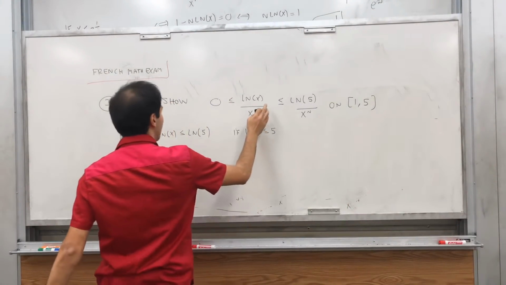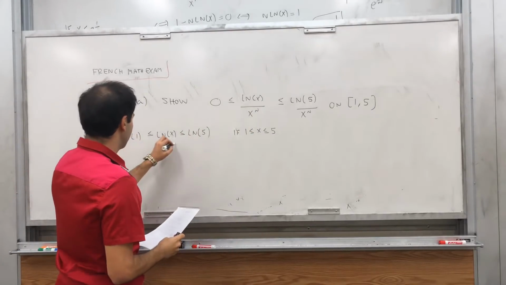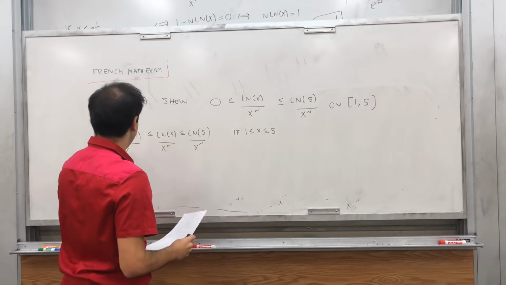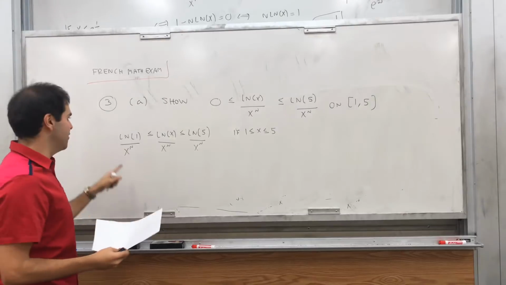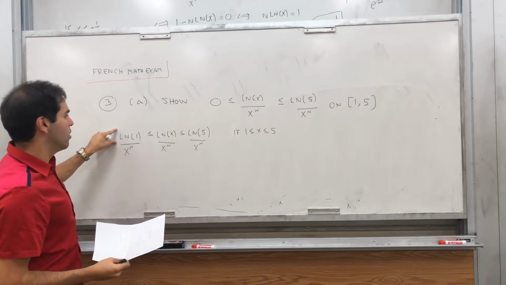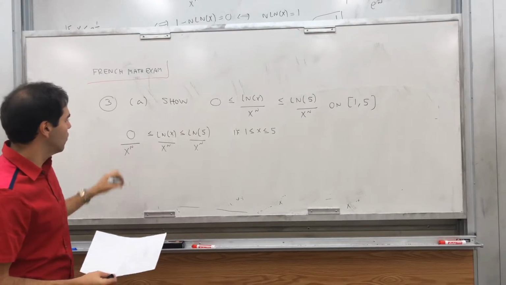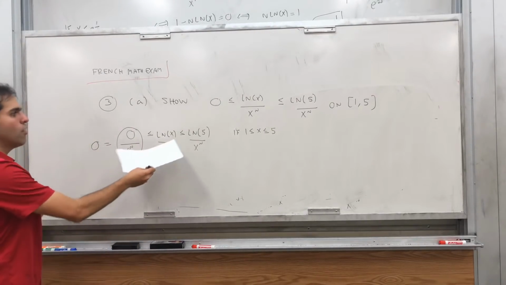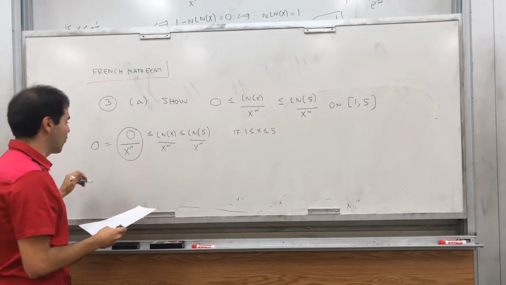And then how do you go from this step to this step? You just divide by x to the n, which is legit because x is positive. And finally, ln of 1 is 0. So indeed, our function is squeezed between 0 and ln of 5 over x to the n.